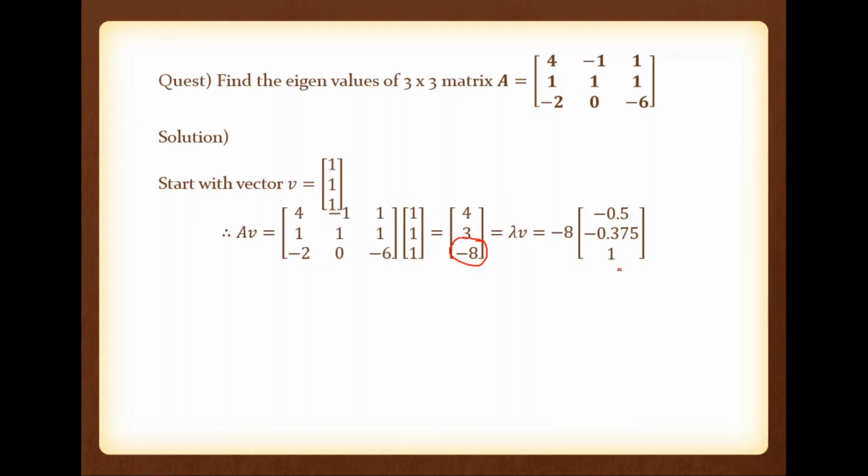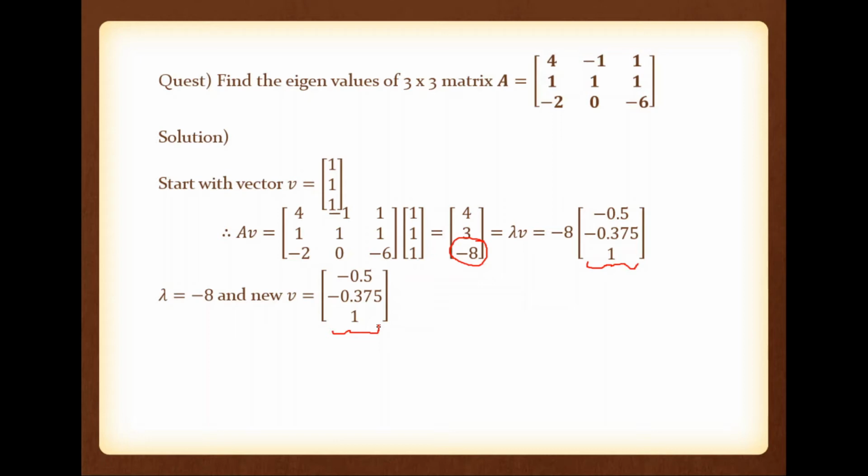Please note this initial vector and this new normalized vector are not same. So we have to continue this iteration. Now what is the next step that we have to do? We have to multiply the given matrix A with this new vector.